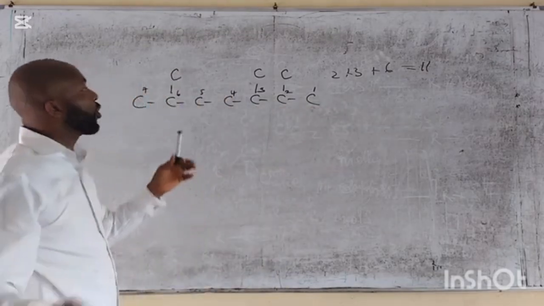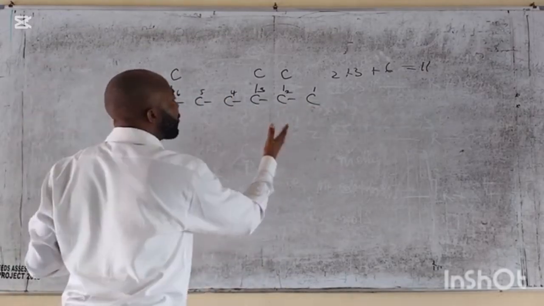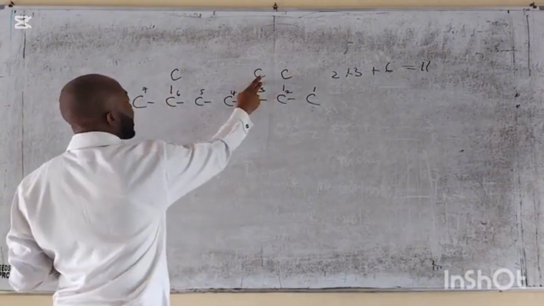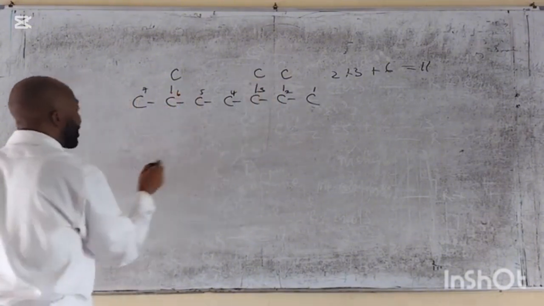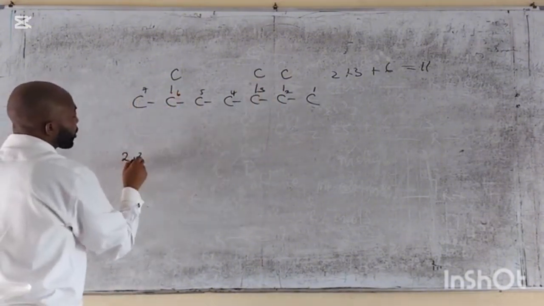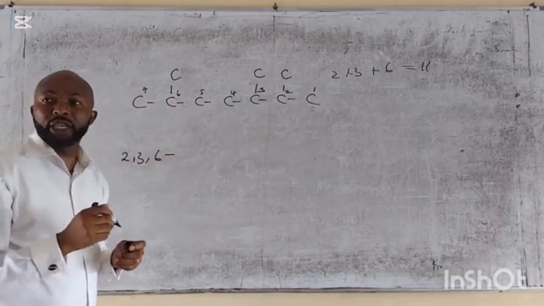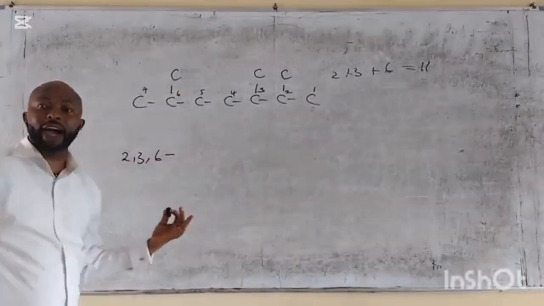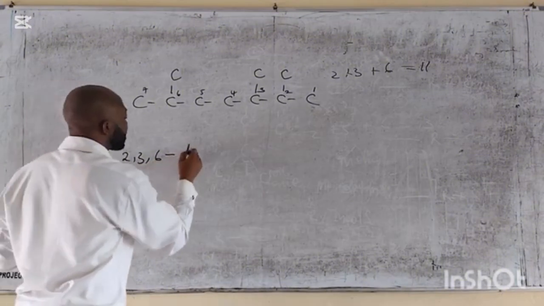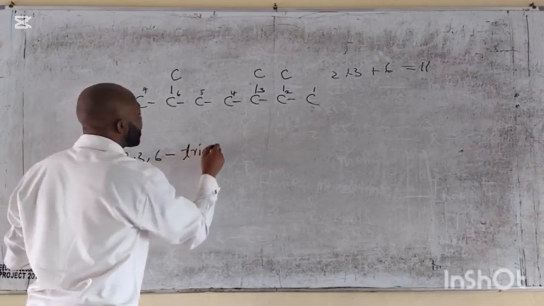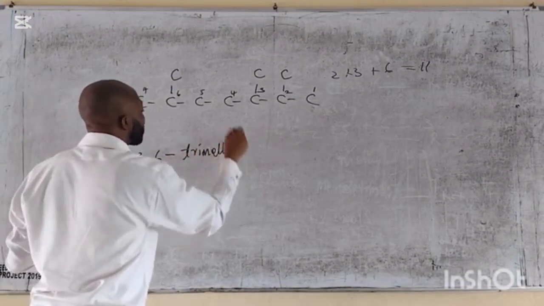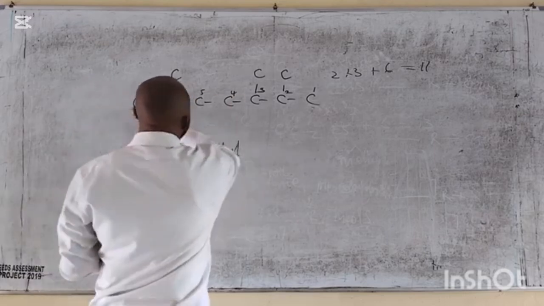So if that is where we're going to start from, we have a substituent in 2, 3, and 6. So I will have my 2, 3, 6. There are 3 methyls, so that becomes tri. 2,3,6-trimethylheptane.